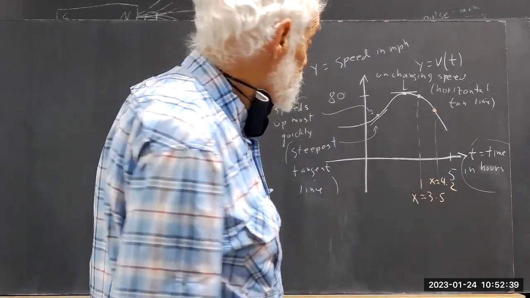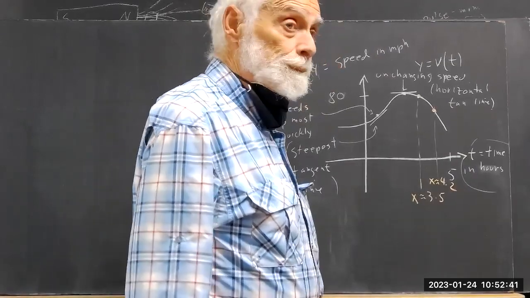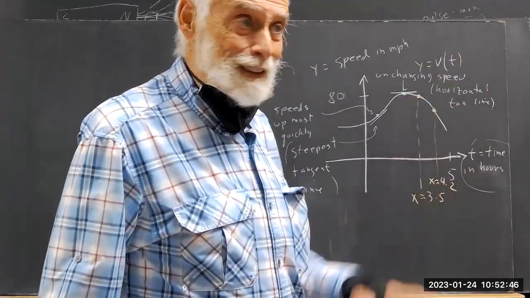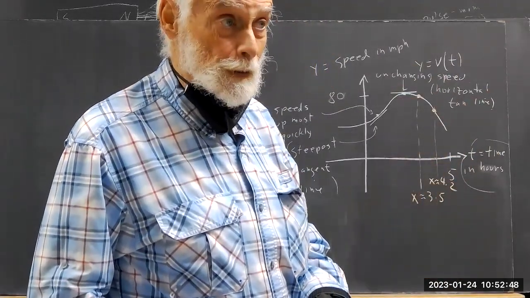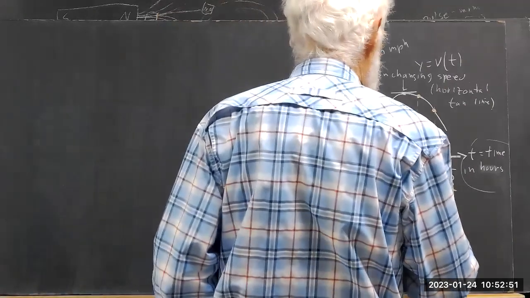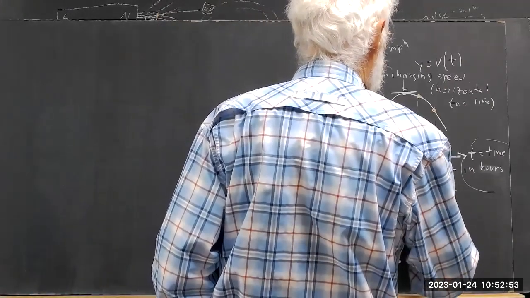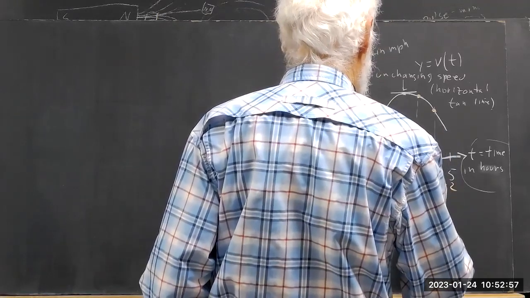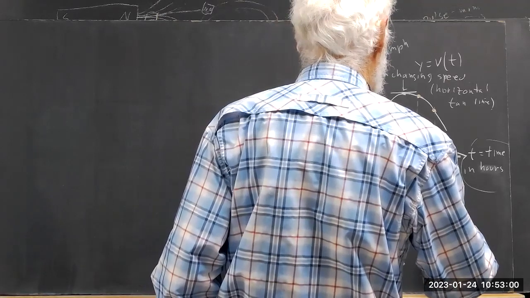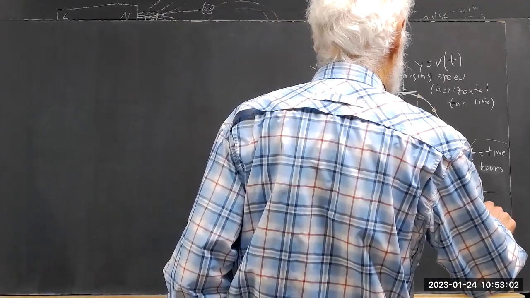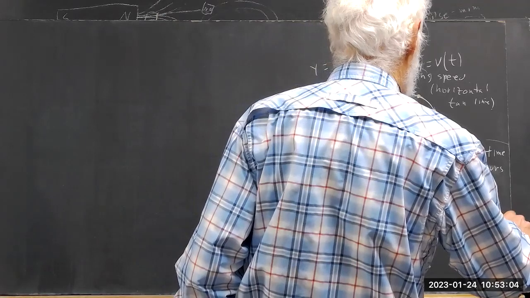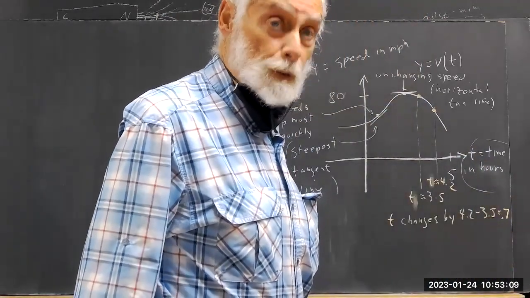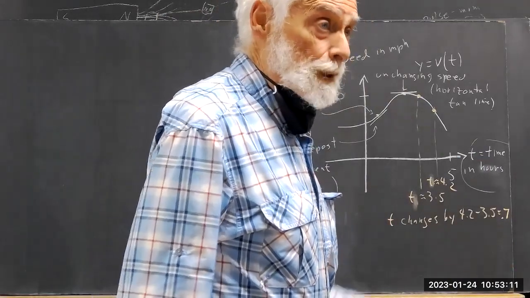Okay. What's that mean? I'm just going to tell you. You want to maybe review, especially this part of the video. And it's not X anymore, it's T. T changes by 4.2 minus 3.5, which is 0.7. Okay, meaning 0.7 hours.